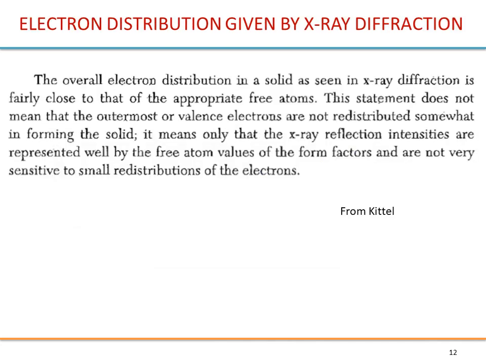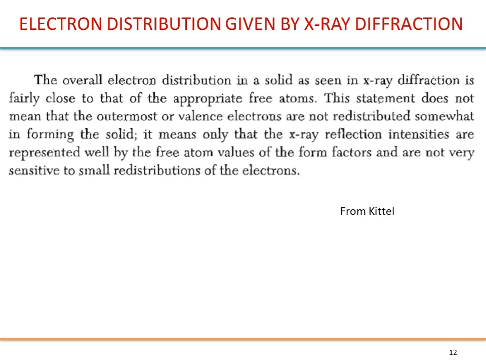All right, something else. In the previous slide, we said that we were taking some uniform spherical distribution of electrons. In fact, it turns out that the overall electron distribution in solid, as seen by X-ray diffraction, is very close to that of the appropriate free atoms.